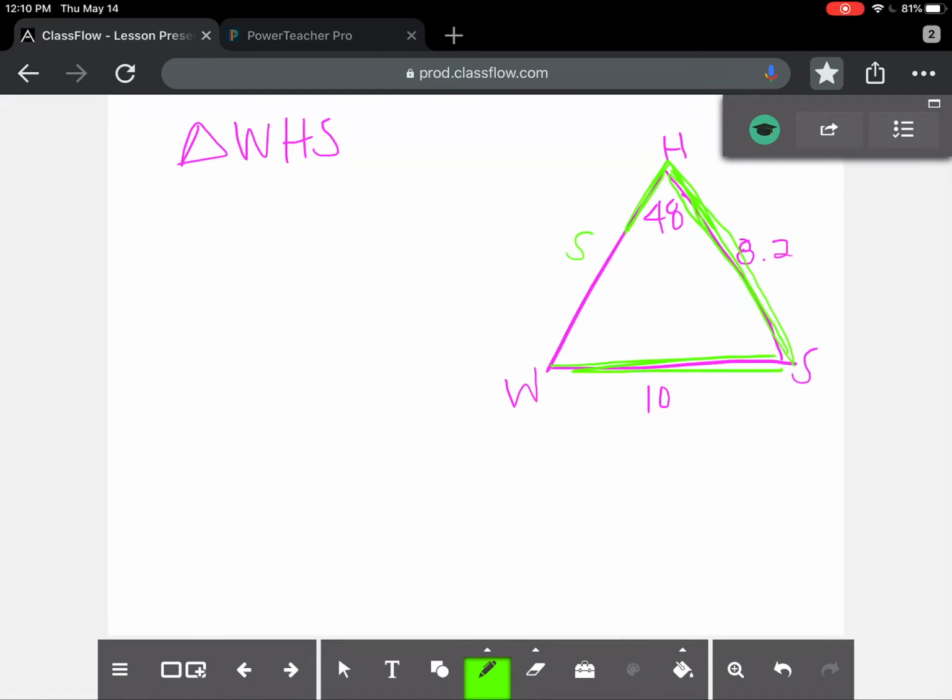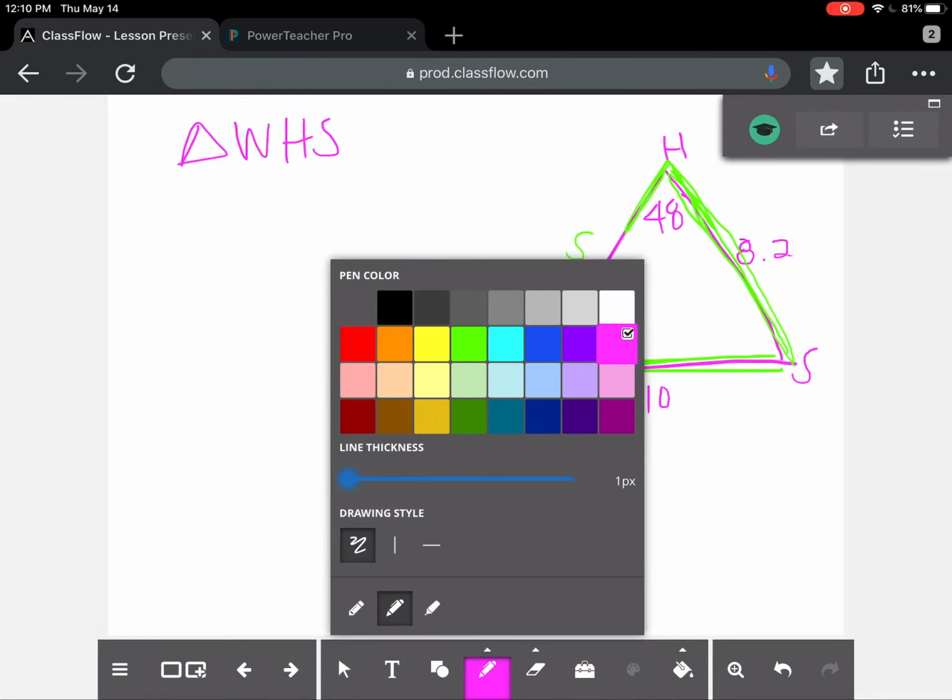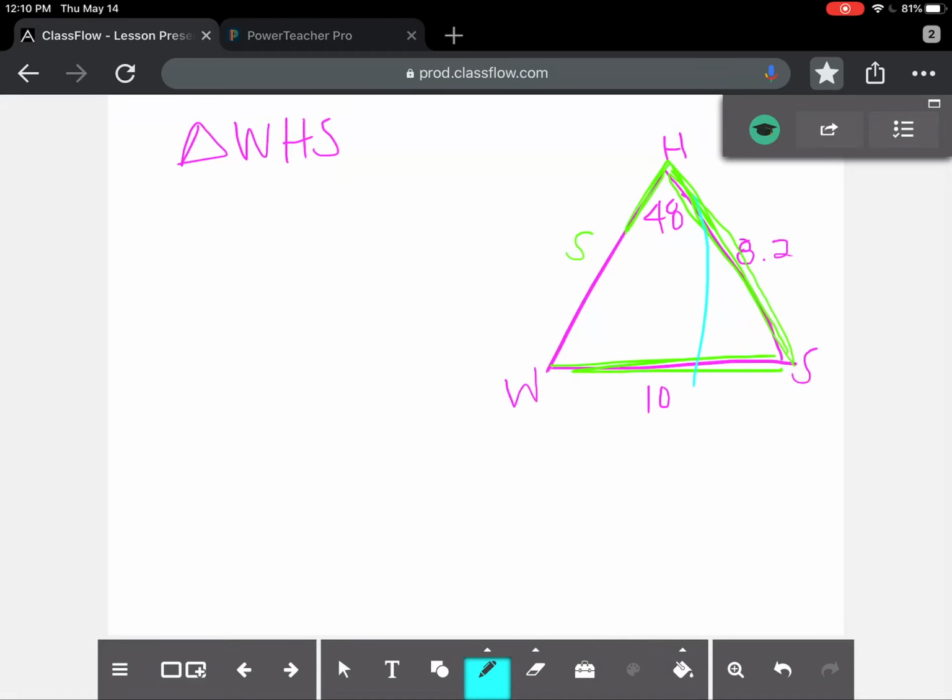We are going to be looking for little s, big W, and big S. As you can see, we're only given one angle measure, so I can't find an angle measure first using the triangle sum theorem. I have to use law of sine.